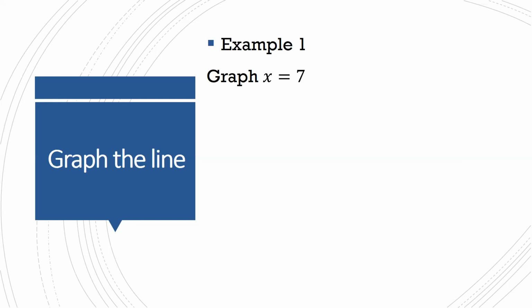Let's do an example. Let's say we want to graph the line x equals 7 on the Cartesian coordinate plane. Obviously, there's no y in this equation. So if I were to try to plug in for x and solve for y, it wouldn't work very well.